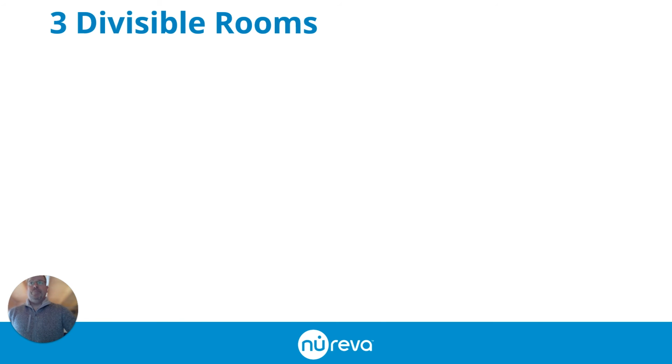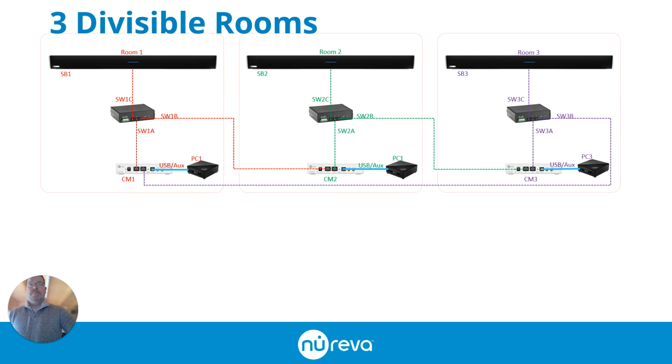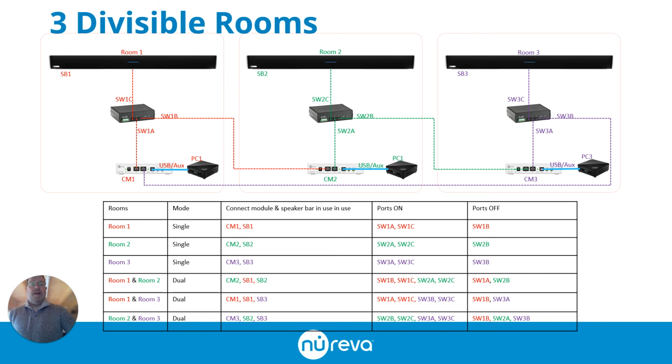However, you can take this further, and you can take this so that you have 3 divisible rooms, and each of those can work completely independently. And if you follow this cabling diagram, they can be used in a variety of scenarios.